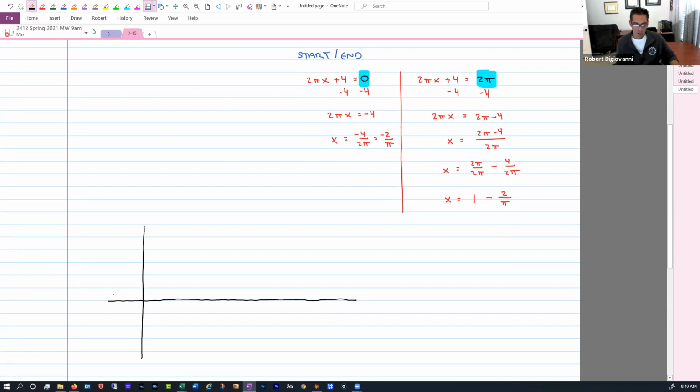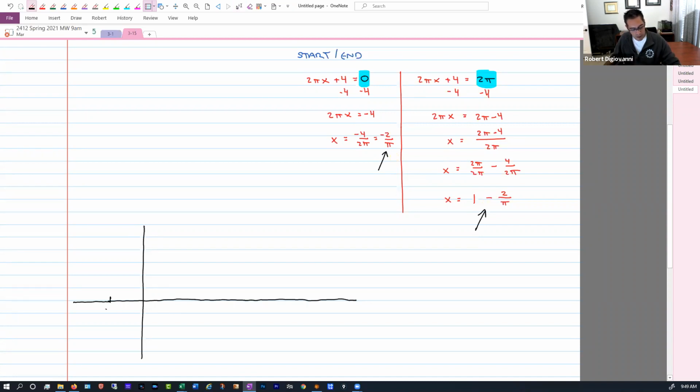Okay. So we have the first point here is negative 2 over pi, right? That's this one. Is everyone comfortable with the idea that that one is to the left of this one? Because they both have minus 2 over pi, right? This one has 1 added to it, so this should be a little bit bigger than this one.